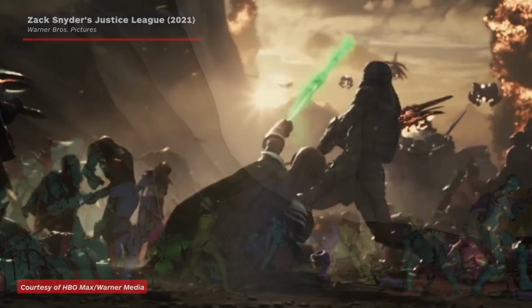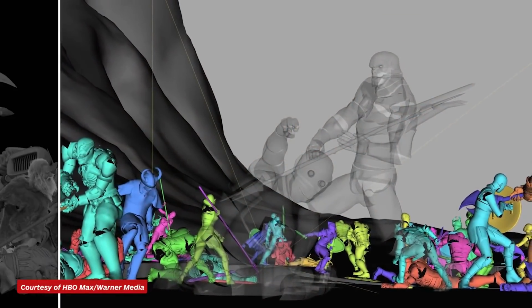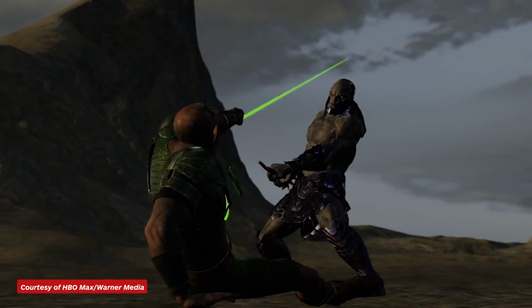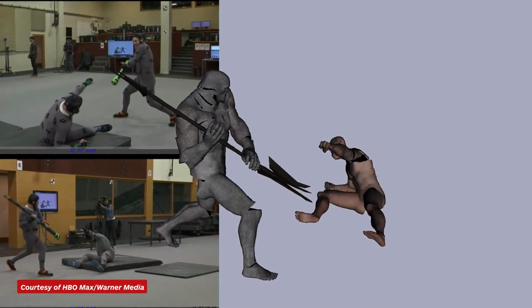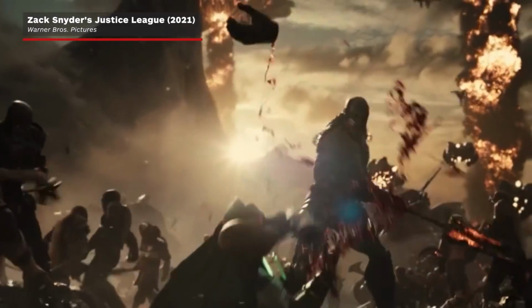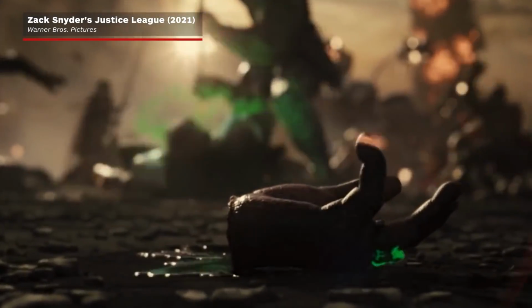Now we're living in an R-rated world, so we could take the violence of that death further. We decided to do a new performance on that moment, which was a fun beat, where we could take his hand off and have that land in the foreground with the blood and all that sort of stuff and make it feel a bit more violent. That leads into the Defenders of the Earth. It gives them some motivation to fight back and push Darkseid back into his ship and send him back to Apocalypse.